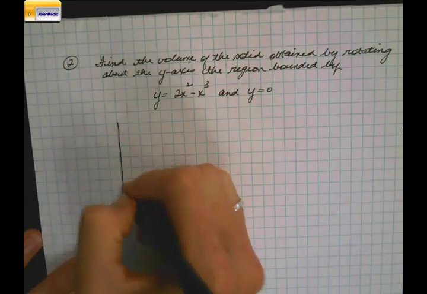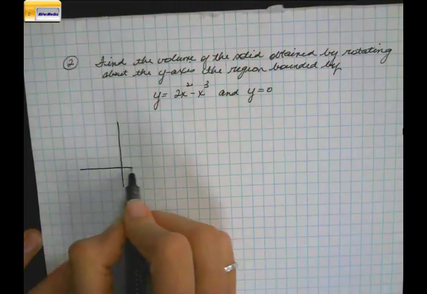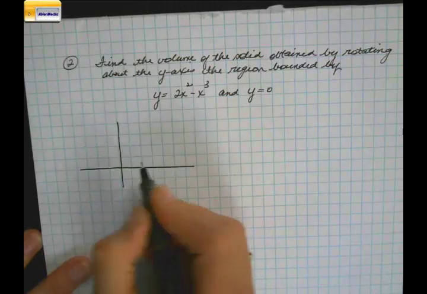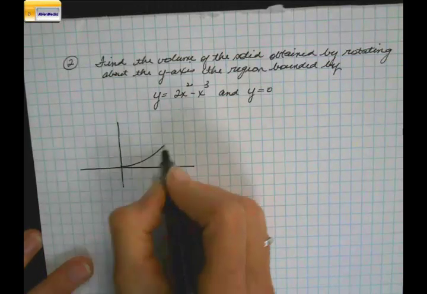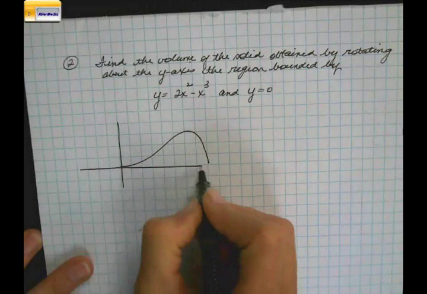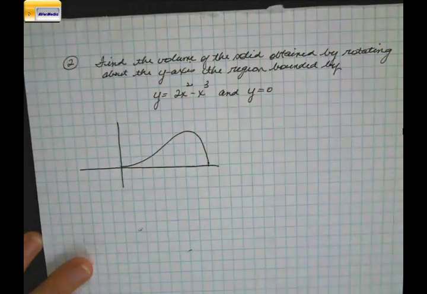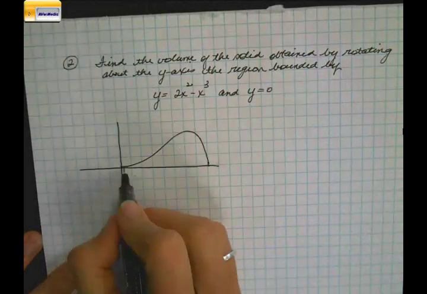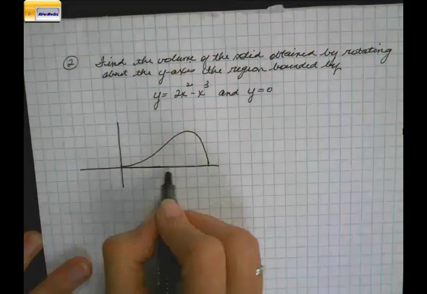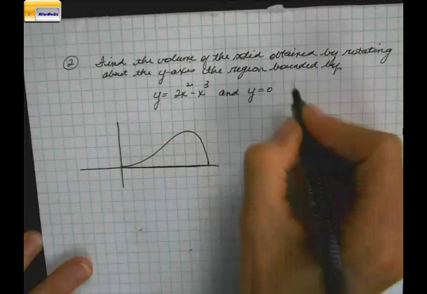So what does this look like? You could graph on your calculator if you want to, y equals 2x squared minus x cubed. It's going to look something like this when you do. And then it says y equals 0. Y equals 0 is the x-axis. You guys know that.